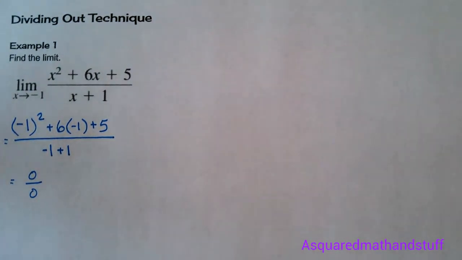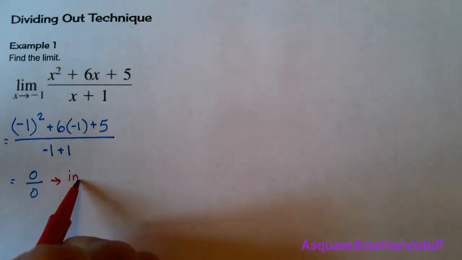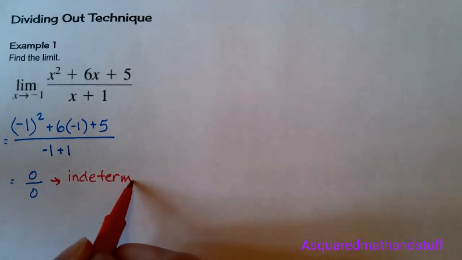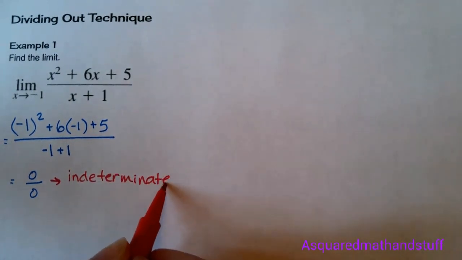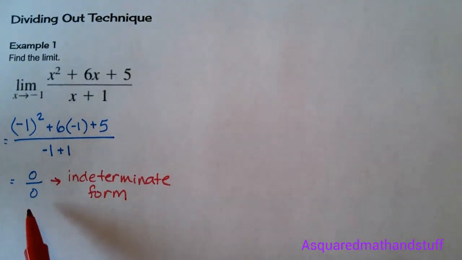When we have 0 over 0, this is called the indeterminate form. And that's the 0 over 0, so 0 divided by 0.